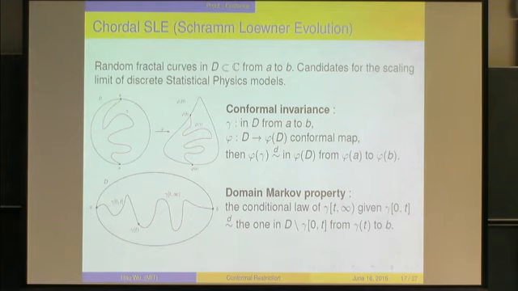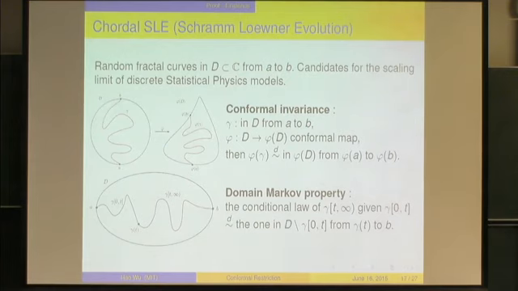Second, this curve satisfies the domain Markov property. Suppose we have a curve in D from A to B. Given the first part of the curve, the future part of the curve has the same law as an SLE curve in the remaining region from the tip to the endpoint. This is called the domain Markov property. Here we can see that these two properties are very closely related to the scaling invariance and the restriction property we discussed before.